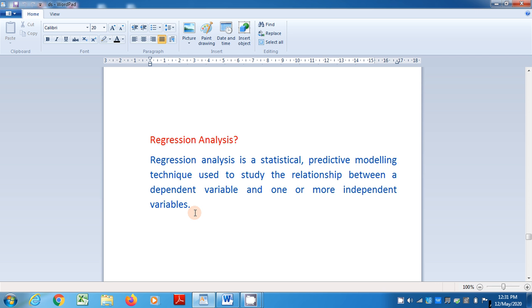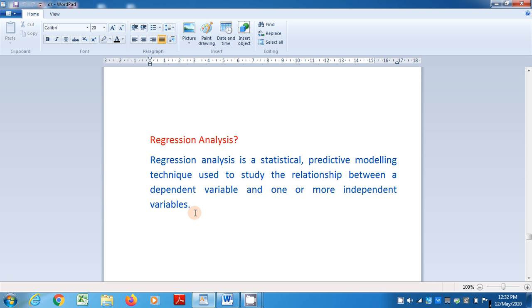Independent variables are, for example, age factor, number of rooms, or square feet of the house. Based on those, the house price will be decided. That means based on the number of rooms, the number of air conditioners, and the square feet of the house, the price of the house is decided.